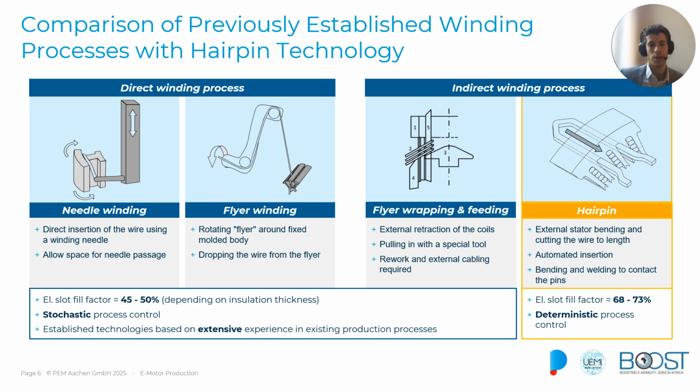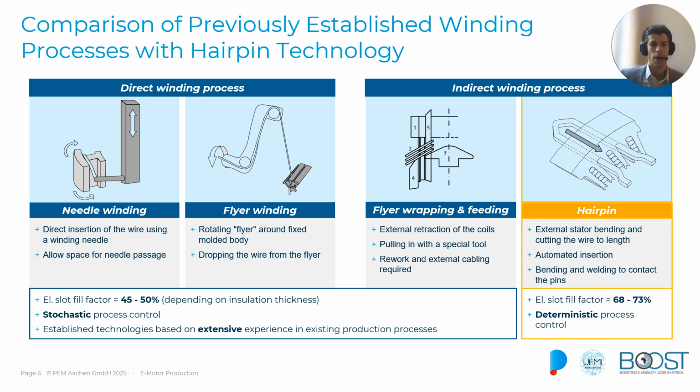The advantage of this technology and the use of flat wire is that we bring more copper at the same space into the stator, which increases our electric slot fill factor compared to all windings using round wire.